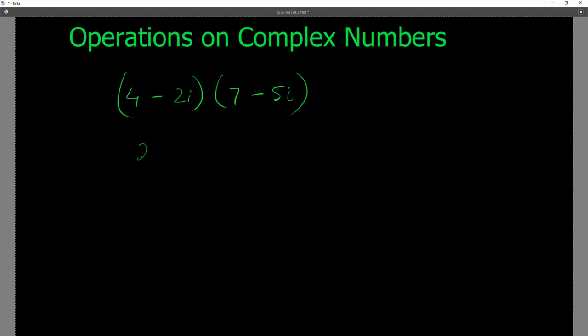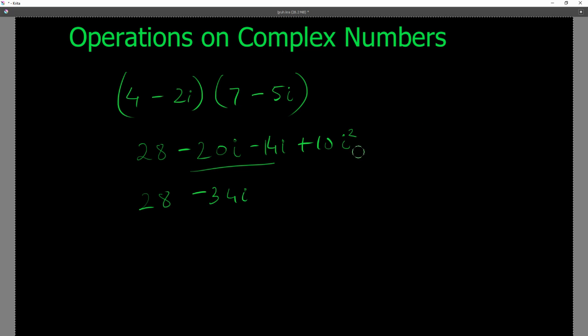All right, so here I have 28, minus 20i, minus 14i, plus 10i. Okay, so I combine these in the back. So 28 minus 34i. Oh, this should have been i squared. Sorry, that was i squared because i times i.